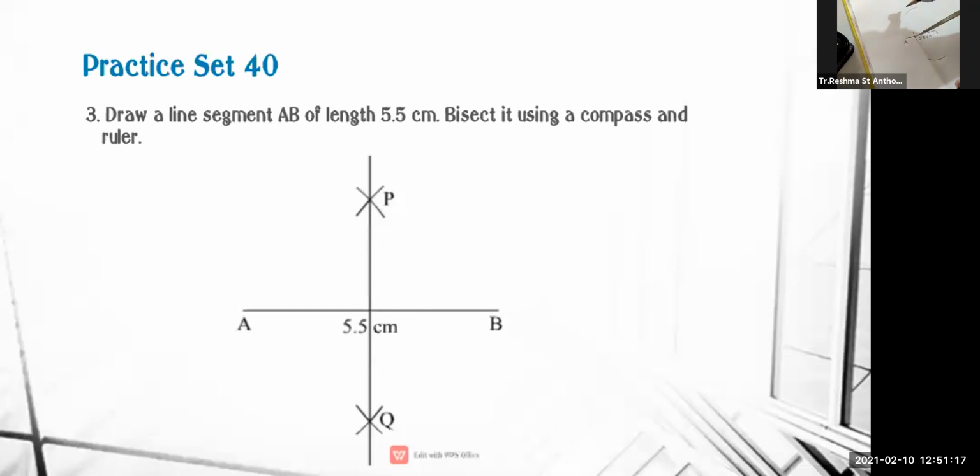Then here also you have to take, cut it upside also and downside also. Then join this line. Join this line.